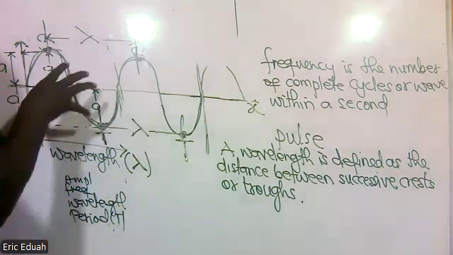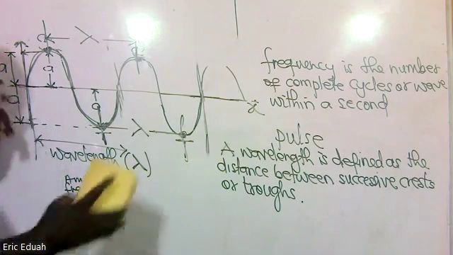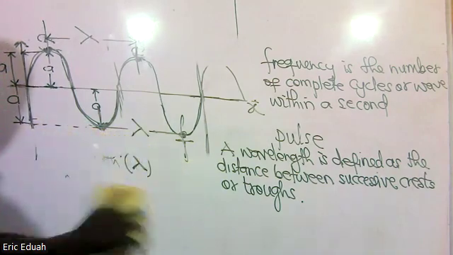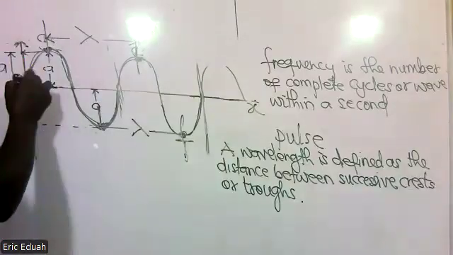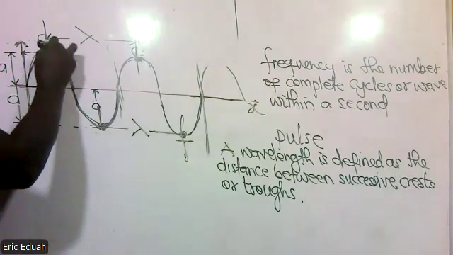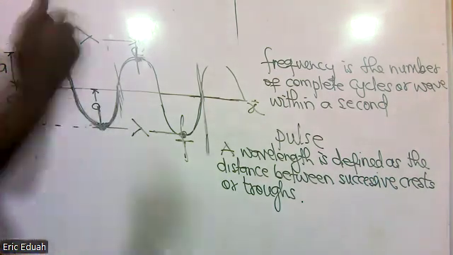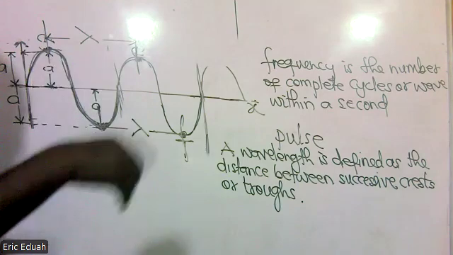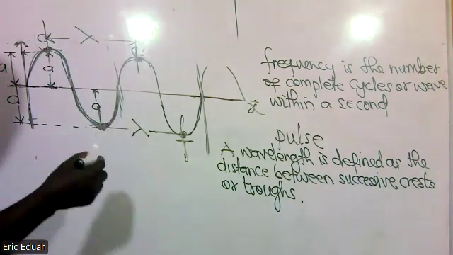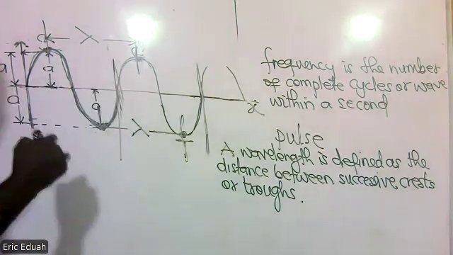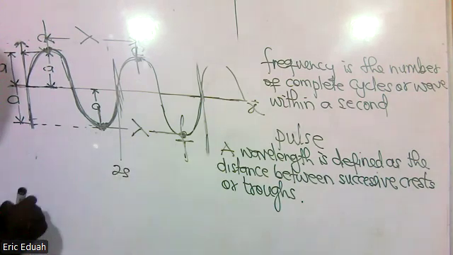Now, under waves, this is a complete cycle or a complete wave. When the wave is being created, the time taken to make a complete cycle is what we are terming as a period. So maybe this is 2 seconds.